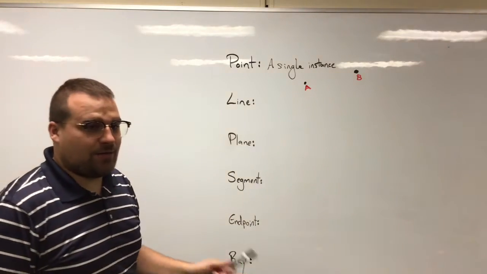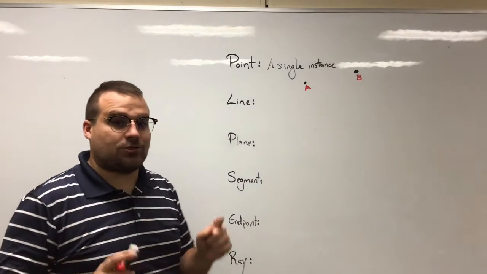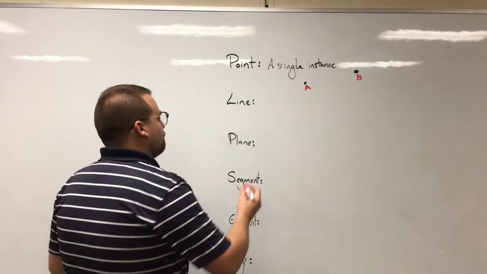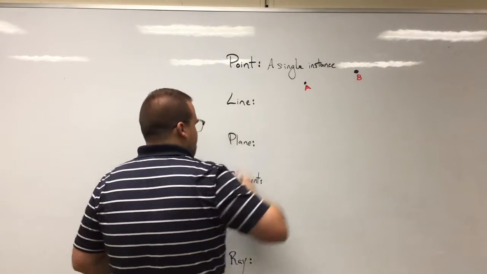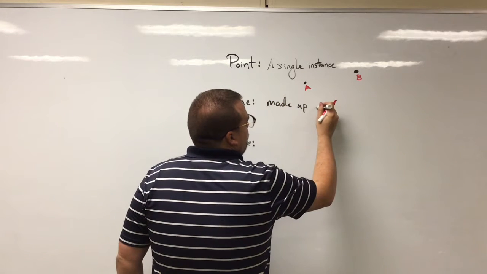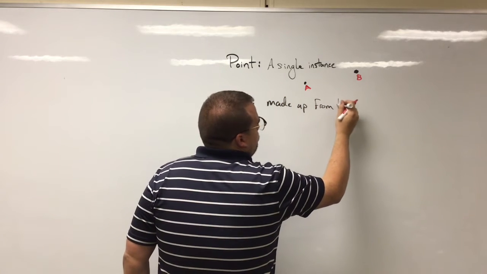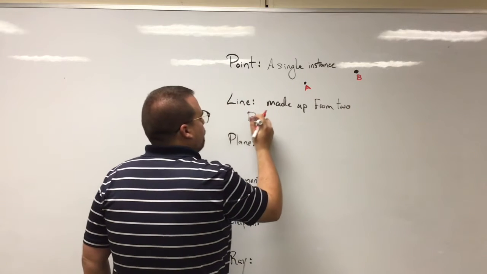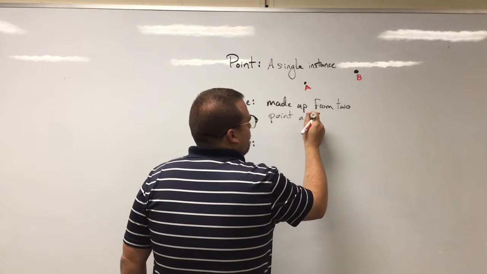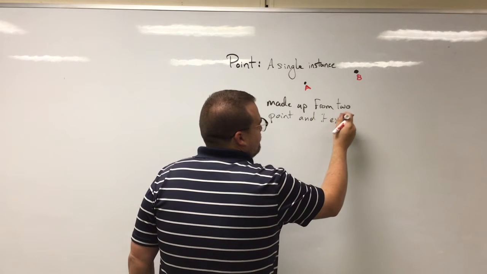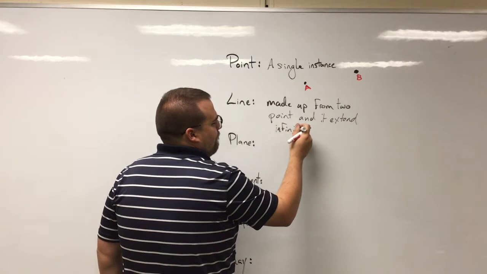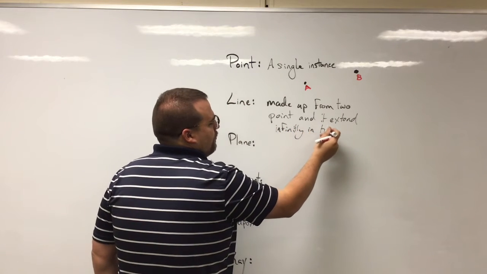Now a line is what you get when you put 2 points together, or you connect 2 points, right? A line is made up from 2 points and it extends infinitely in both directions.